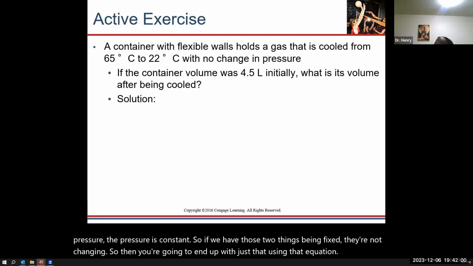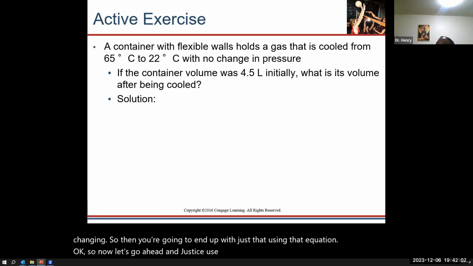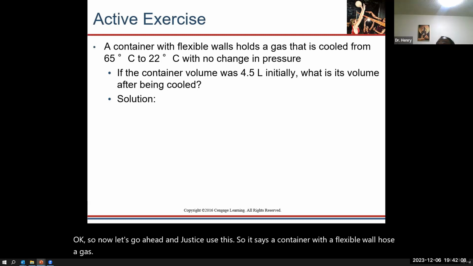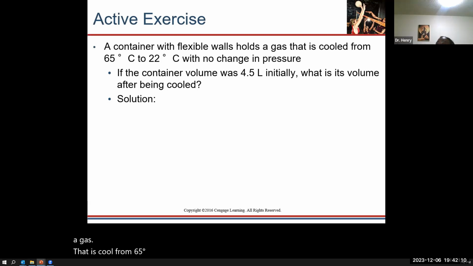Okay, so now let's go ahead and use this. It says a container with a flexible wall holds a gas that is cooled from 65 degrees Celsius to 22 degrees Celsius. If the container volume was initially 4.5 liters, what is the volume after being cooled?